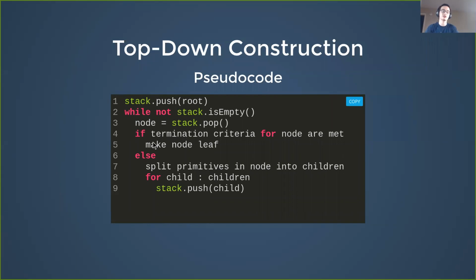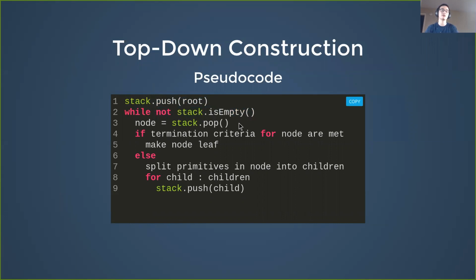Since we have a non-tail recursion, we need to put nodes into a stack when doing it in a loop. First we push the root, and then we do a while loop to check if our stack is empty.